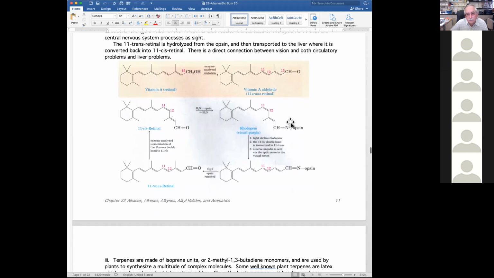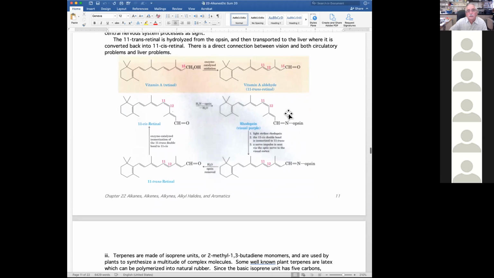So then what happens is it gets converted into the 11-cis. And then it binds with this protein, this visual protein called opsin. So now it's ready to actually activate the optic nerve.